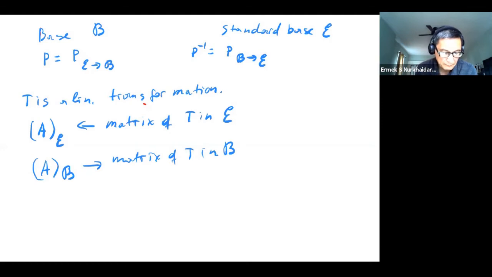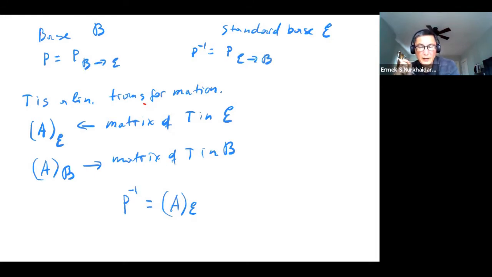A is the matrix of T in E. So we want to have the matrix transformation A in E. That's equivalent to doing the following, to translate our language.